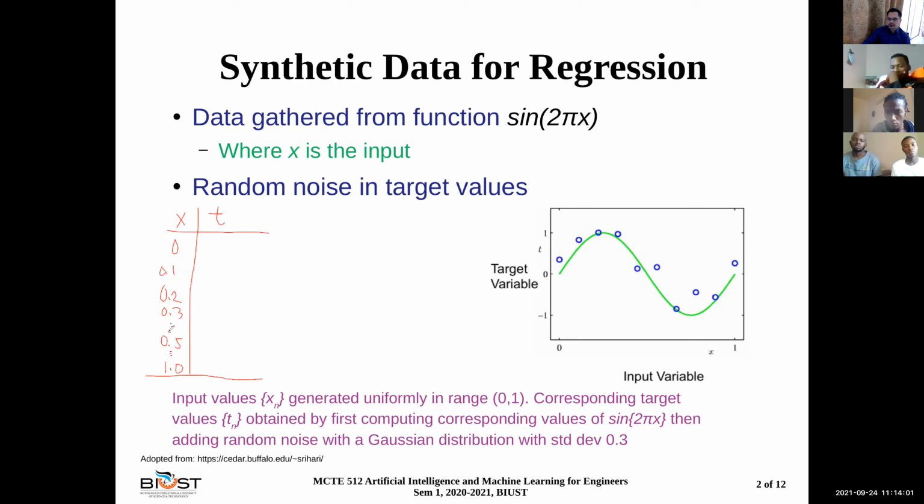Now based on the input x, you have some value of t, between 0 and 1, so maybe 0.3. This one is maybe 0.8, and then this one is maybe 1.